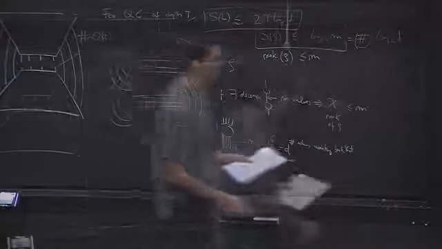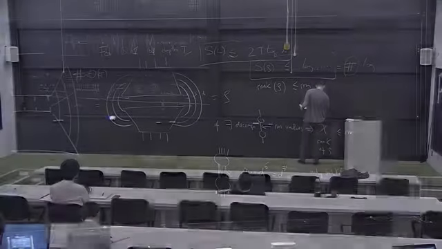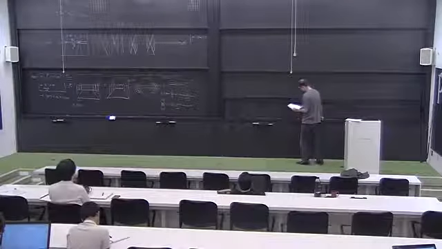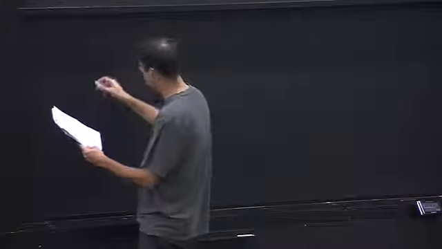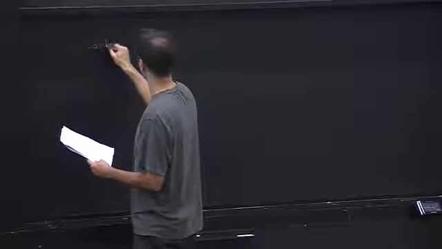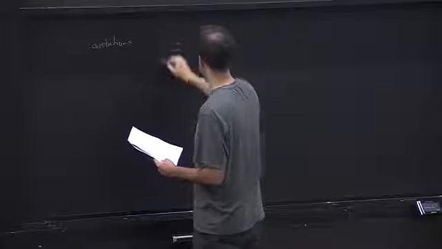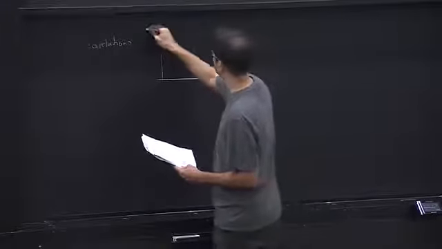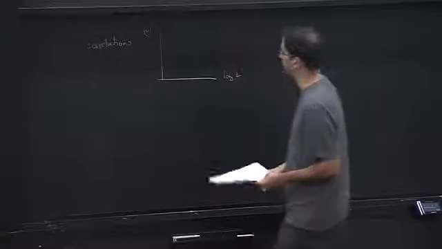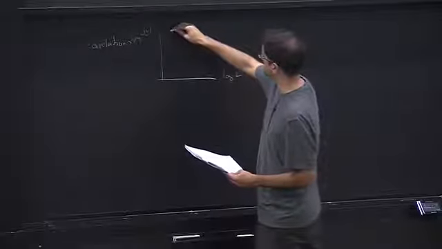Let me do that here. So the summary is that correlations look like, let's plot log L versus the log of the correlator, as we did before.